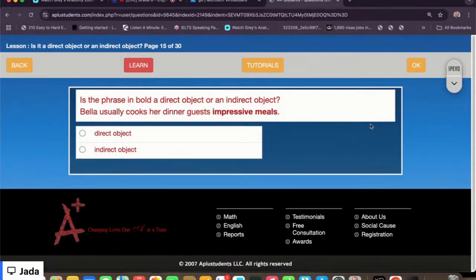So, direct object. Bella usually cooks her dinner guests impressive meals.